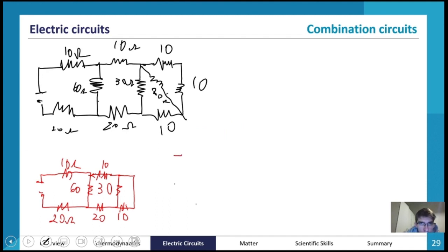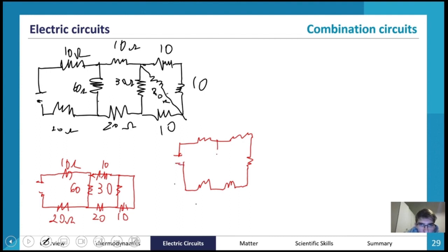So the more simplified circuit, similar to the previous example, would have a 10 ohm, another 10 ohm, a 25 ohm, a 20 ohm, another 20 ohm, and done, right?